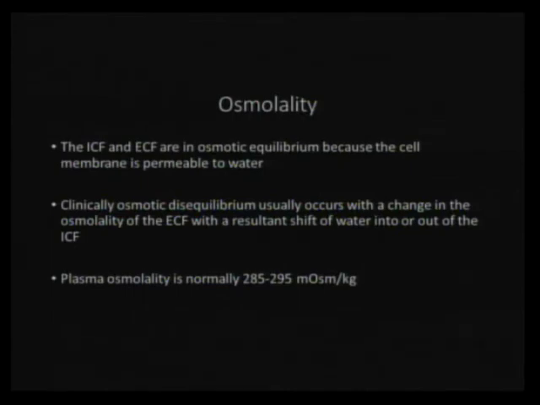All right, the concept of osmolality. Intracellular fluid and extracellular fluid are in osmotic equilibrium because the cell membrane is permeable to water. So if the osmolality in one compartment changes, then water movement leads to equalization of osmolality. Plasma osmolality is normally 285 to 295 milliosmoles per kg.